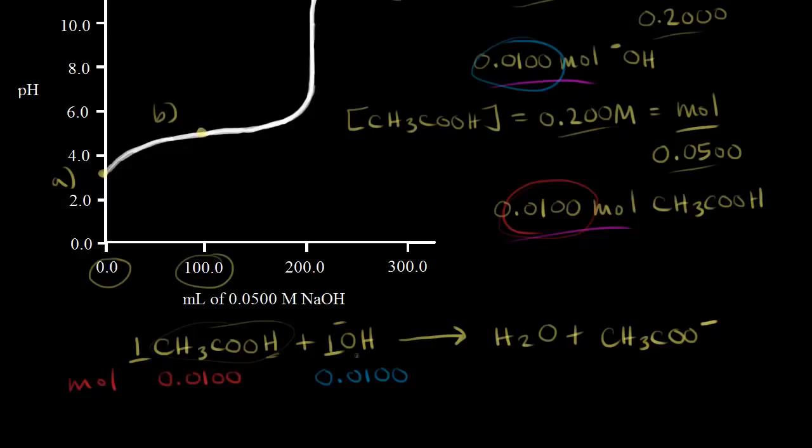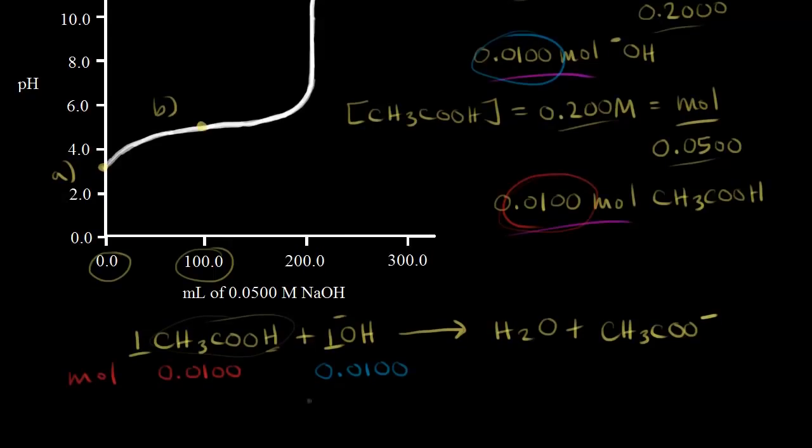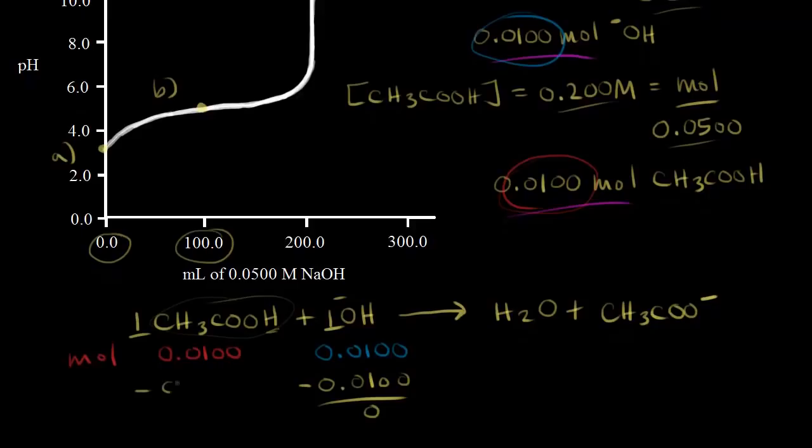It's going to completely neutralize the acid that we originally had present. All of our base reacts, and we end up with 0 here, and all of our acid has been completely neutralized. So this is the equivalence point for this titration.